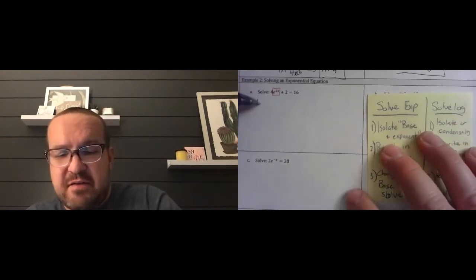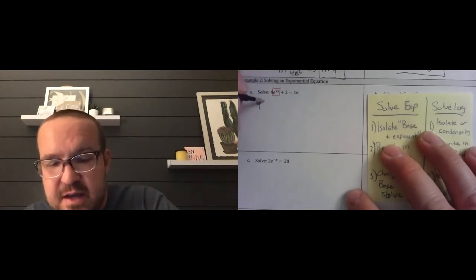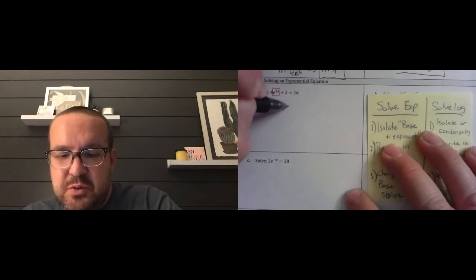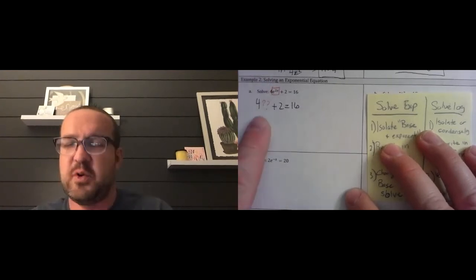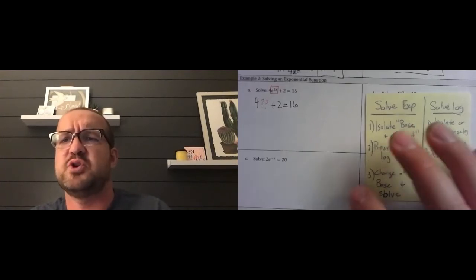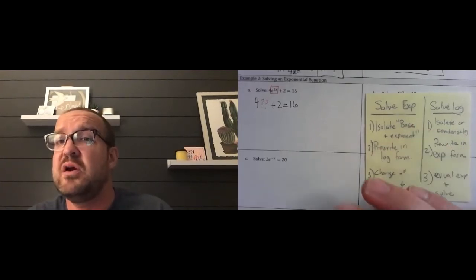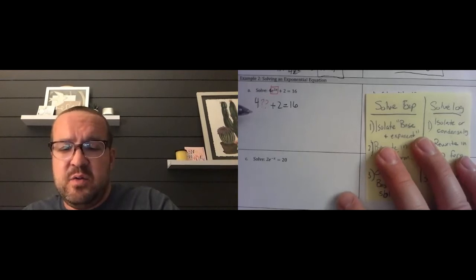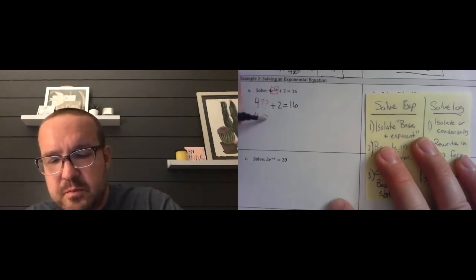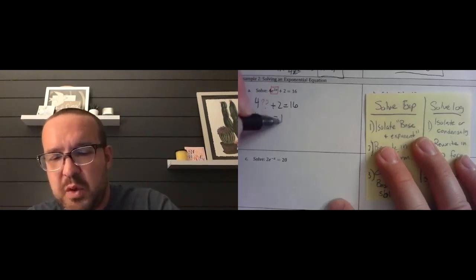So again, I really have a 4, and then I have something that I want to isolate, plus 2 equals 16. I'm writing it this way to help us think, would I divide by 4 first or subtract 2? It really doesn't matter, but there is a way to do it probably more commonly without fractions. I would subtract 2, and that would equal 14.